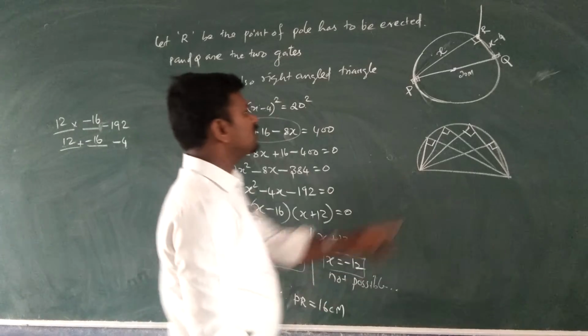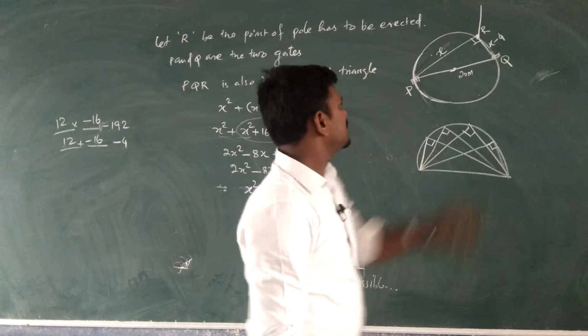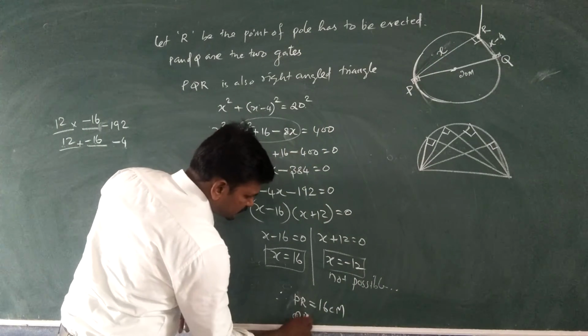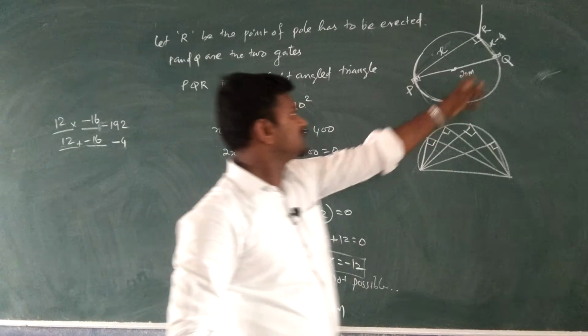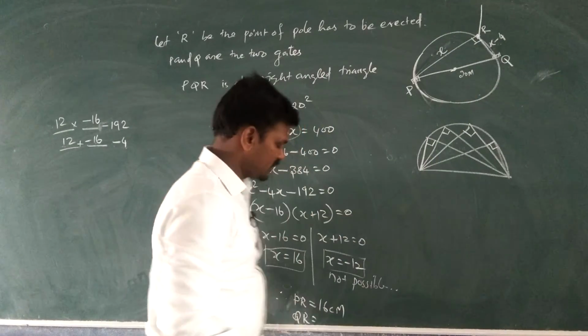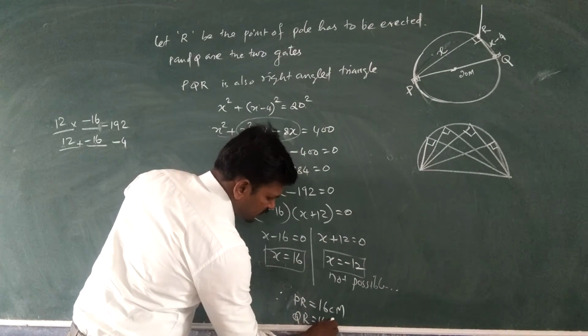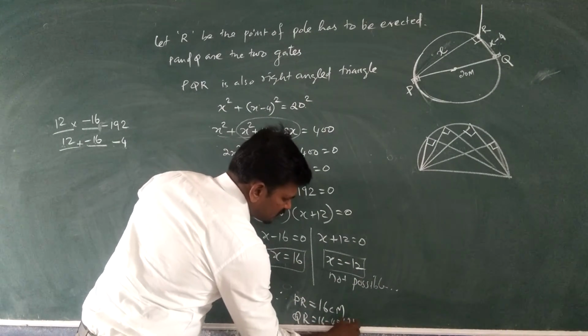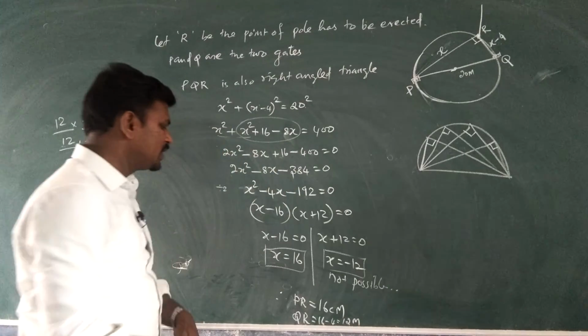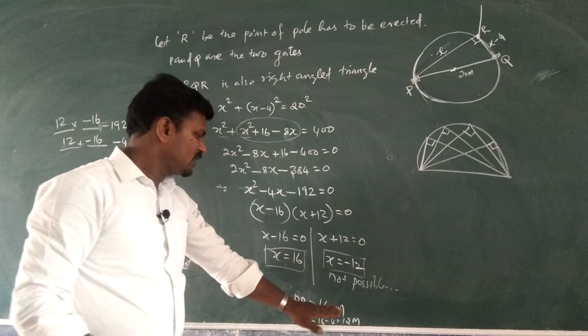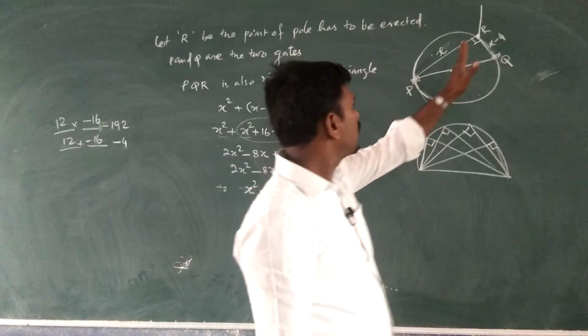If PR is equal to 16, what is QR? QR is 16 minus 4, so 16 minus 4 is equal to 12 meter. So these are the two distances from the pole.